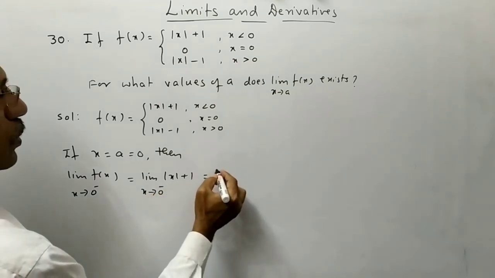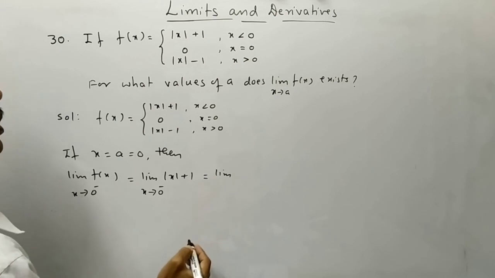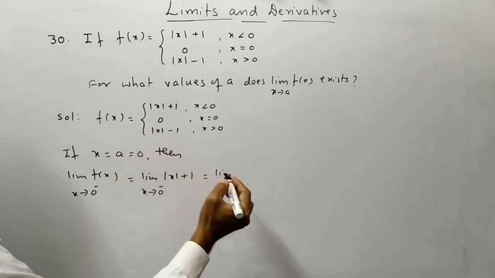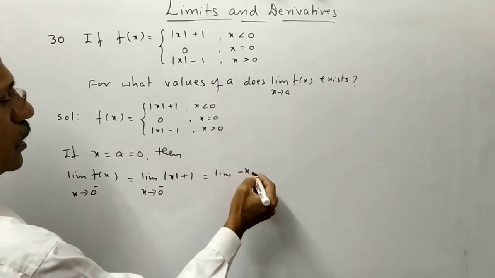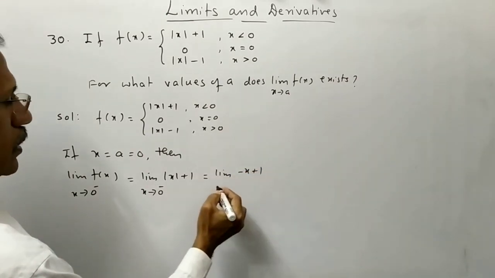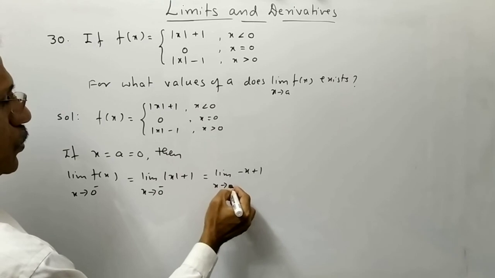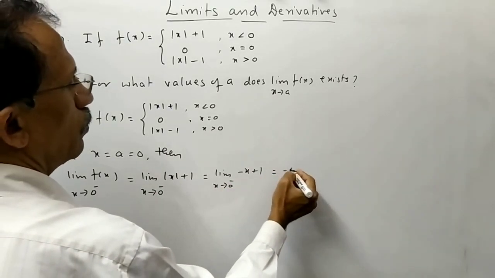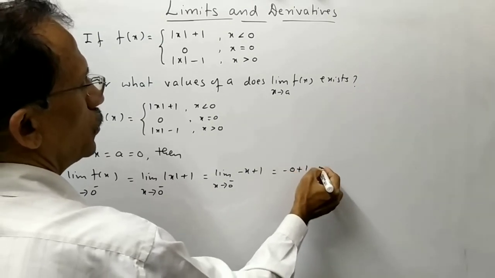This is equal to the limit of, when x is less than 0, modulus of x is minus x, plus 1 as it is, when x tends to 0 from the left side, which is equal to minus 0 plus 1 is equal to 1.